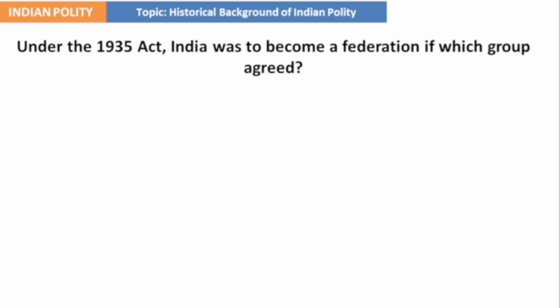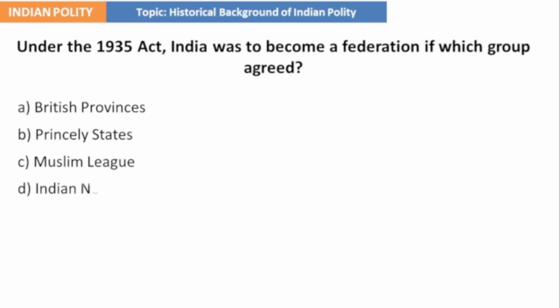Under the 1935 Act, India was to become a federation if which group agreed? Answer is option B, princely states.